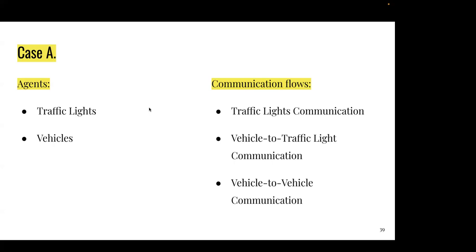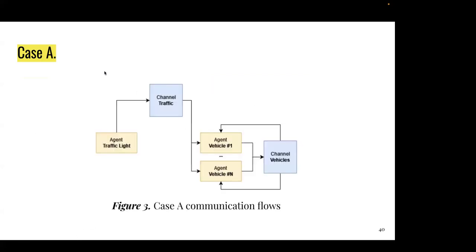We have vehicles-to-traffic-lights communication, right? Because vehicles can send some data to the traffic lights. And then, of course, we have vehicle-to-vehicle communication as well, which makes the whole flow rather easier. Now, we move on to modeling the system.